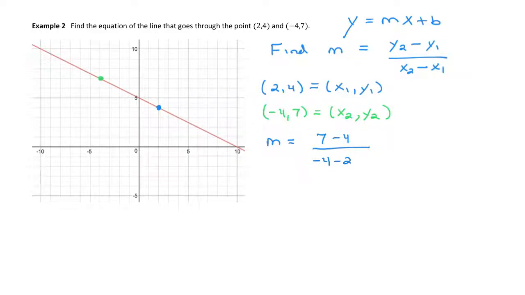And when I simplify this, m is equal to 3 over negative 6, and that reduces to negative 1/2. So in terms of finding the equation of my line, it's like I'm halfway done. Whatever the formula is, it's got to be y is equal to negative 1/2 x, but I just don't know what b is equal to.